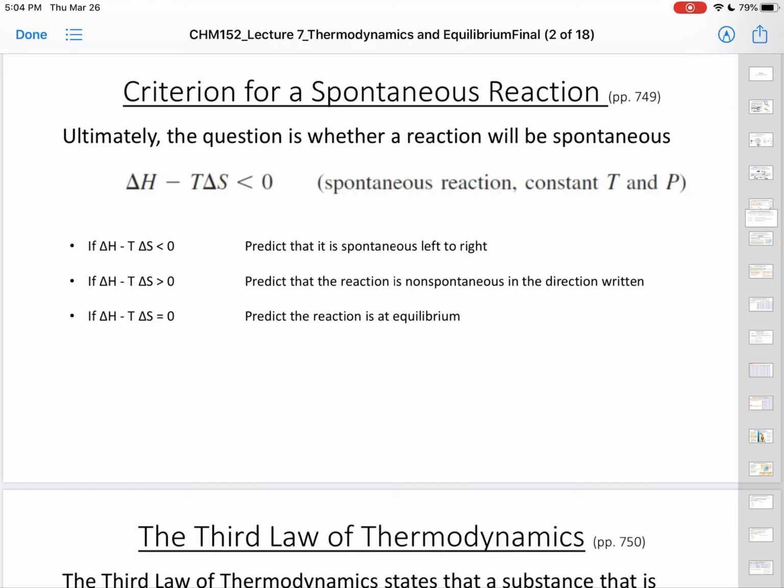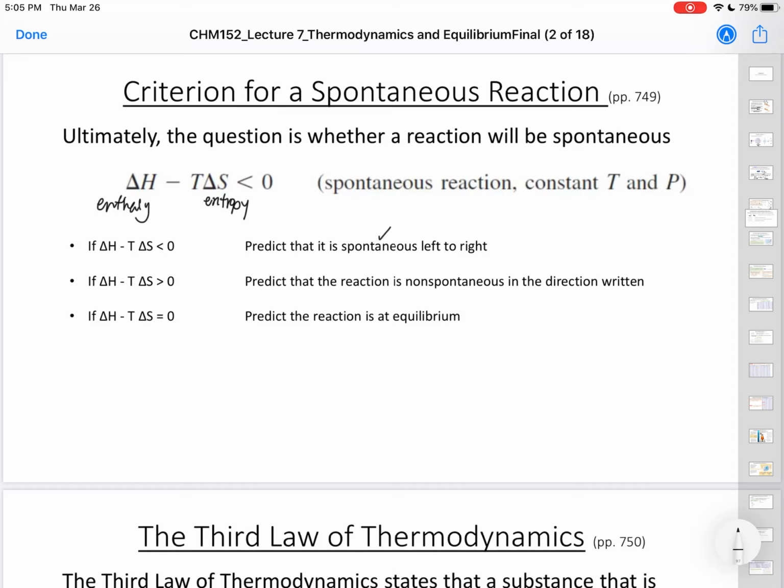Ultimately, the question is whether a reaction will be spontaneous, because if it is spontaneous, it will occur without any outside force. So we have this equation here: delta H, enthalpy, subtract the temperature in Kelvin times your delta S, which is your entropy, is less than 0.